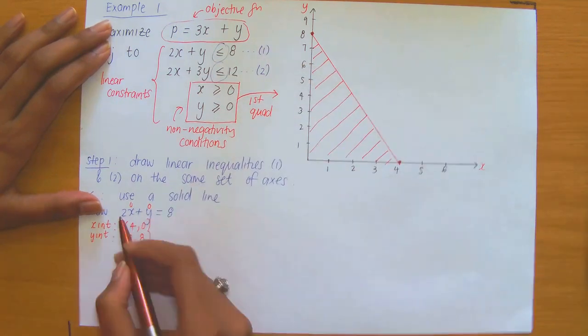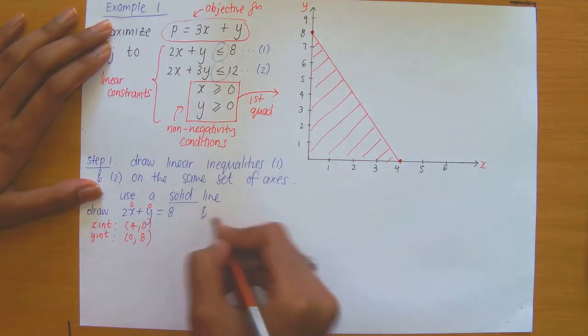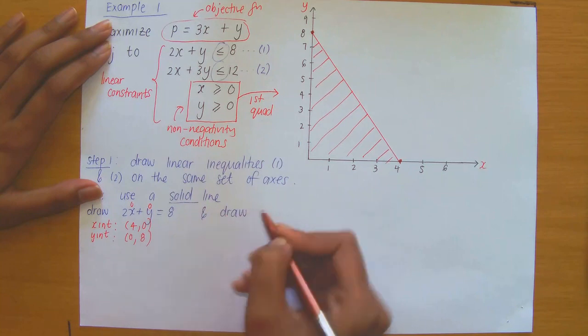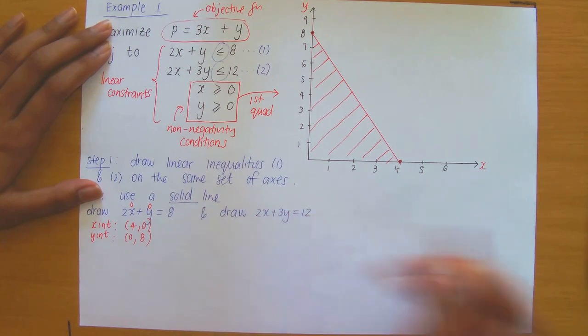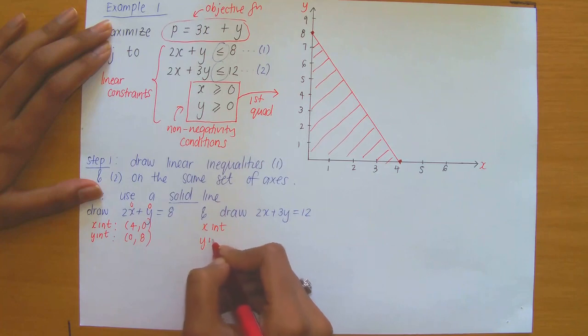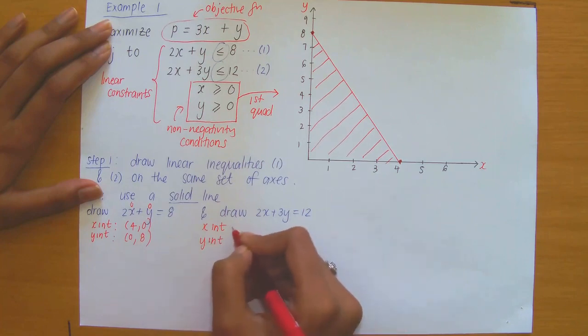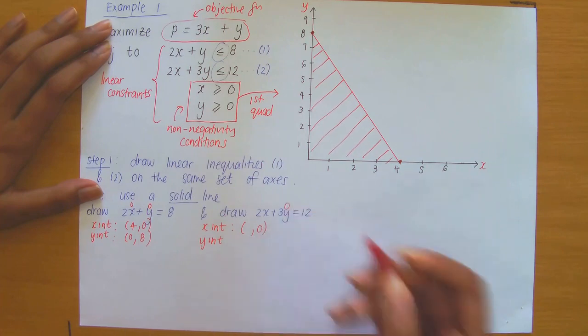Let's now sketch inequality 2. So with a solid line, we now draw 2x plus 3y equals 12. Again, I would recommend the same procedure. Find the x-intercept and find the y-intercept. With the x-intercept, remember we are substituting in y equals 0.